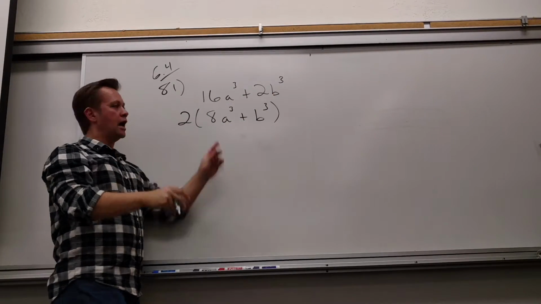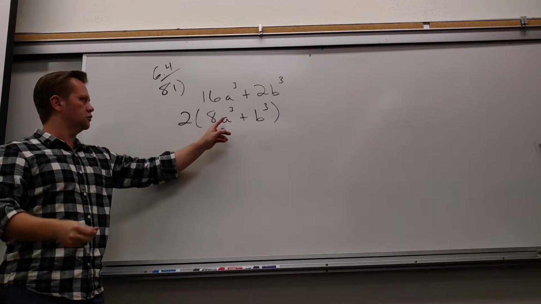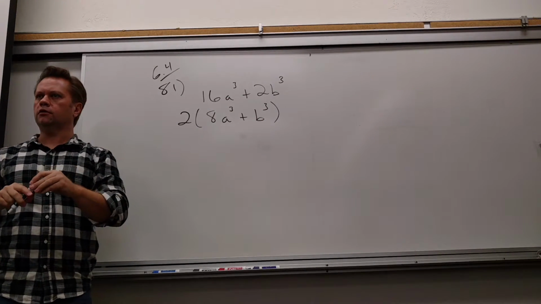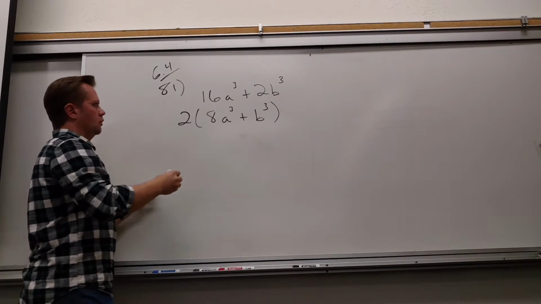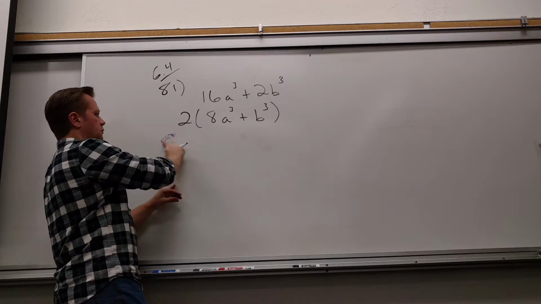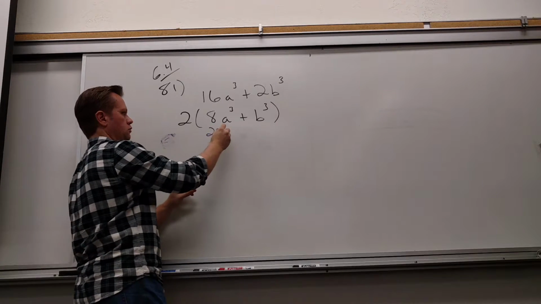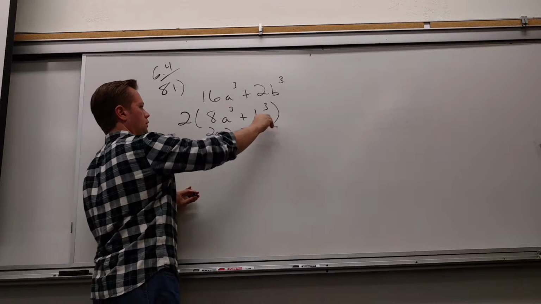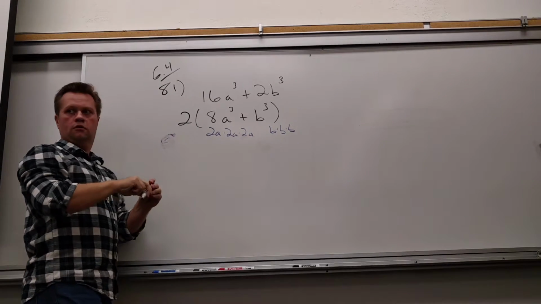Now everything is cubed, right? 8 is 2, 2, 2, A, B, B, B, okay. Right? So 2 comes out. Let me give myself some room. So 8A cubed is 2A, 2A, 2A. B cubed is B, B, B. Exactly.